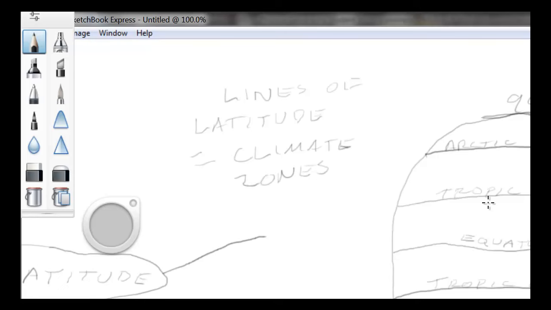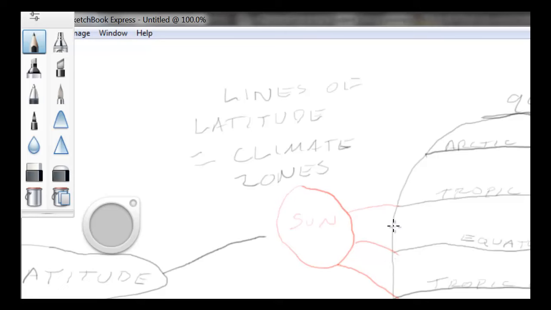So we can make some generalizations when we look at these lines of latitude. So most of the year, let's draw a sun. The sun's radiation is hitting the Tropic of Cancer, right? It's hitting the equator, and it's hitting the Tropic of Capricorn, right?